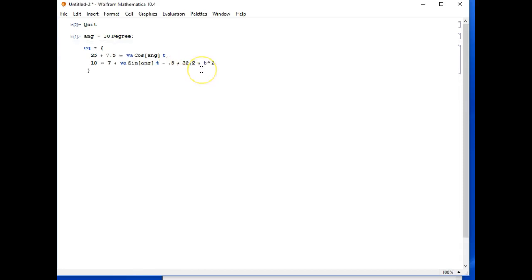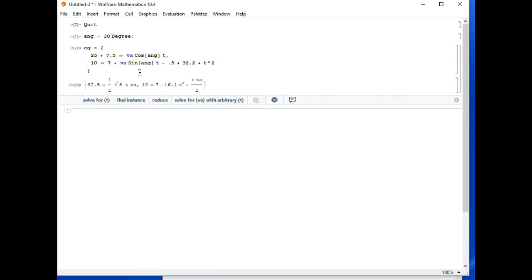Here are the equations for the first part of the problem. Basically, this is the x direction, so it's 25 plus 7.5, which was the value of s, equals (two equal signs) VA cosine of the angle times t, and then here's the y equation as well. I'm pretty sure I typed those in correctly. We'll execute those.